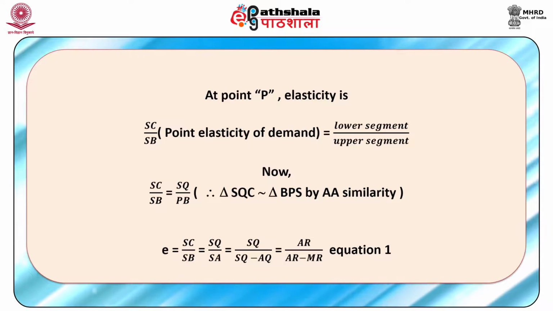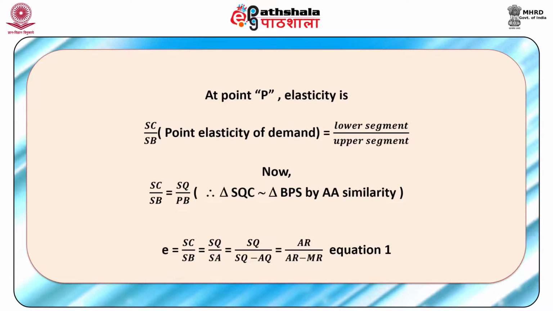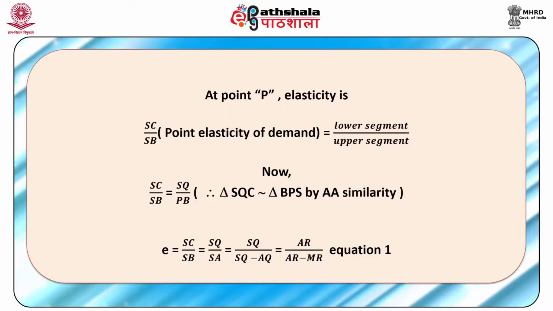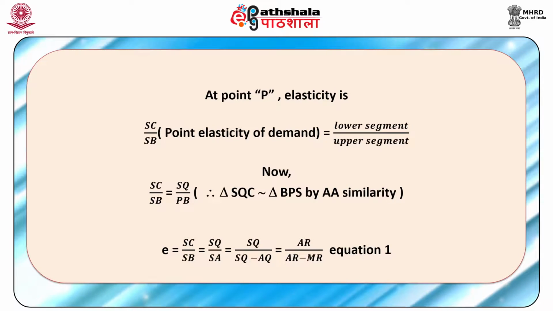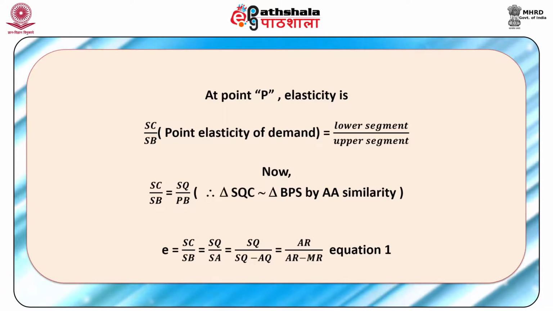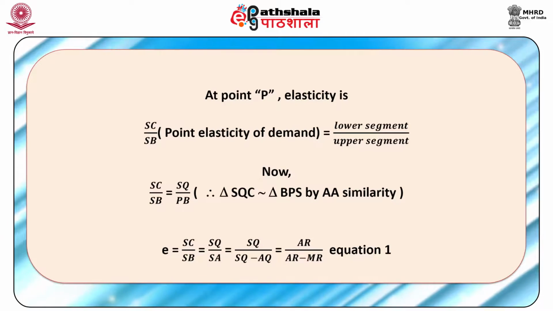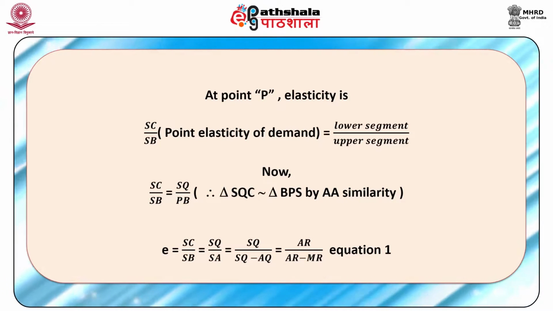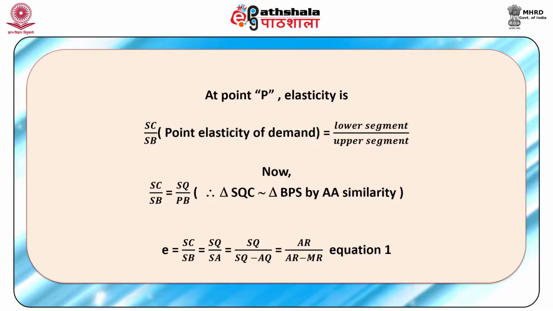Keeping these things in mind, now let us look at the price elasticity. According to the point elasticity of demand, we know that the lower segment upon the upper segment is equal to the elasticity. So, SC upon SB would give you the price elasticity of demand at point S. Now SC upon SB is equal to SQ upon PB, because of the property of similar triangles, since SQC and BPS are similar triangles.